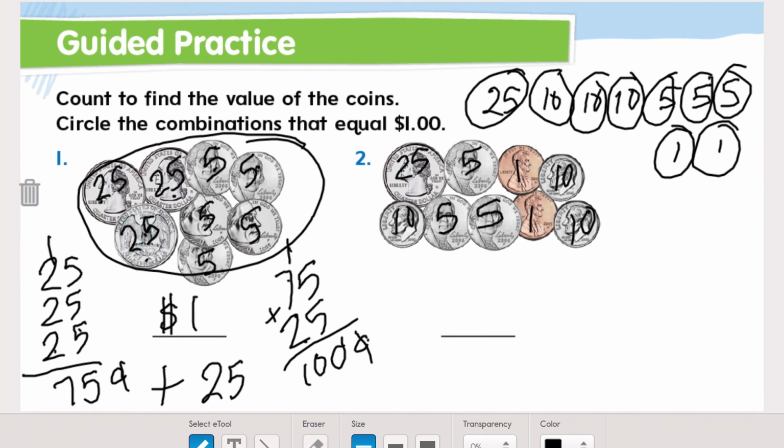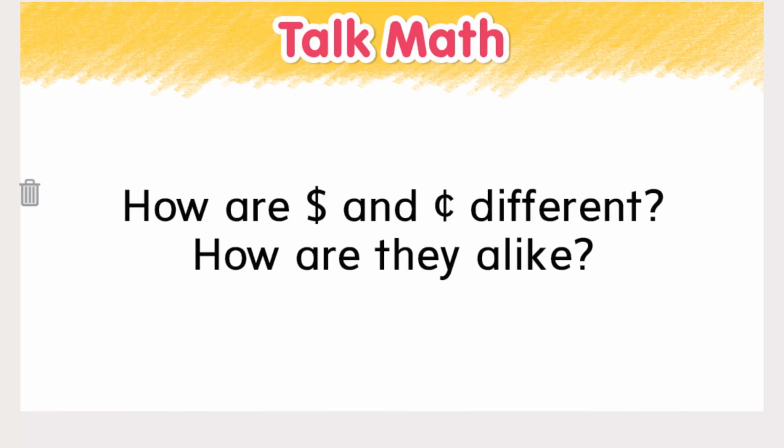They'll be a little bit easier to keep track of. So 25, 35, 45, 55. 55 plus 5 is 60. 65, 70, 71, 72. So this one is 72 cents. Cents does not equal dollars, so we do not need to circle it.